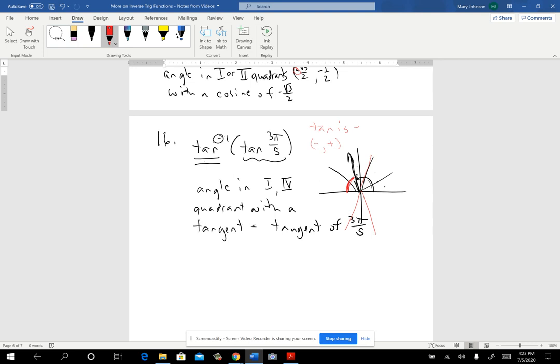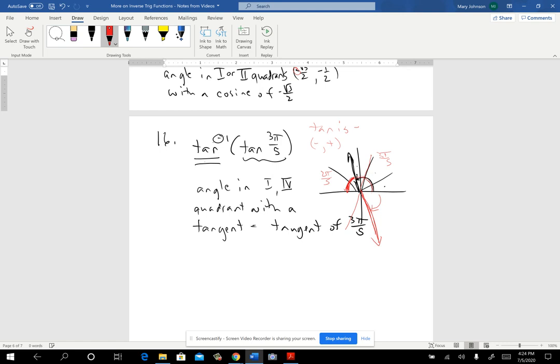So what I need is the one that would have a negative tangent. So I need this guy right here. And so what I need to report is this. You got to be careful here. If this right here is 3 pi over 5, then the reference angle is 2 pi over 5. See that?